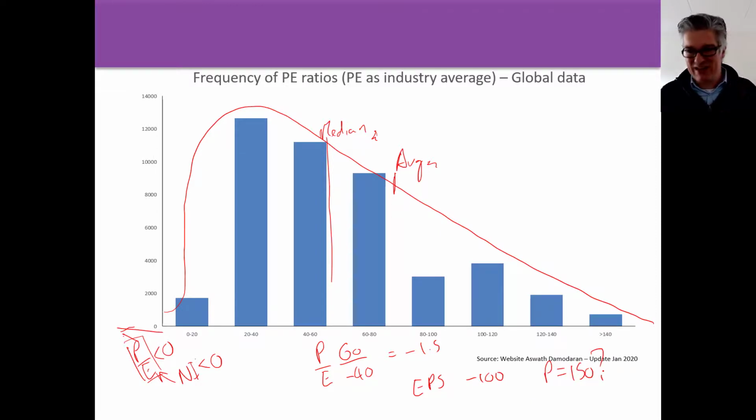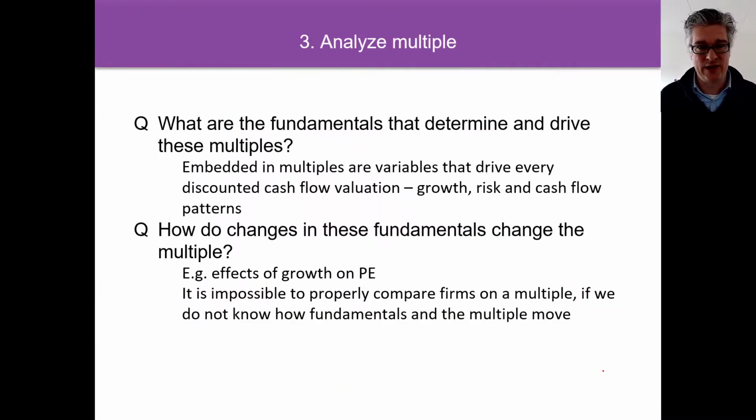Well, that seems like a bit of a stretch. So this is just to say that even if you find a certain multiple, make sure that you analyze what the multiple actually looks like, because you are interested in what the distribution is, and the distribution can tell you a lot about how to apply this multiple and how this multiple can be abused, so that you can keep an eye out for that.